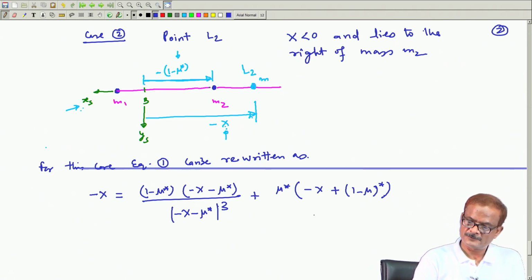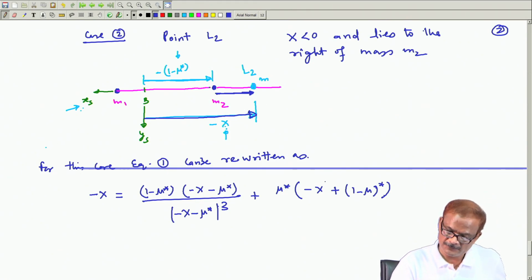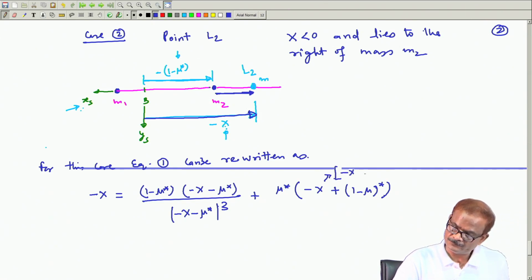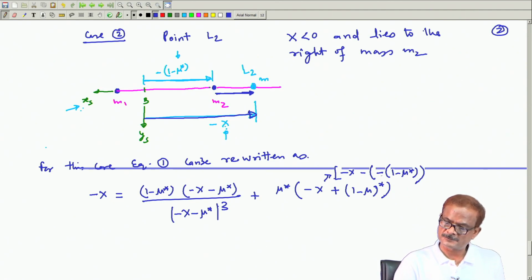So, what we are looking for is basically the distance from this point to this point. This total distance from here to here is minus x, okay. And this part you can also look at like this: minus x minus, 1 minus mu star, so that becomes plus.